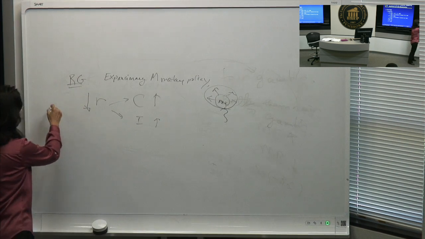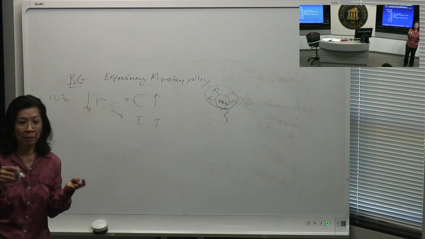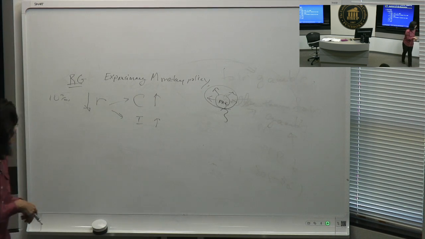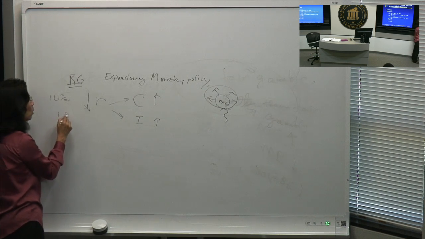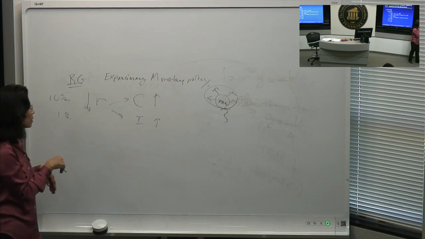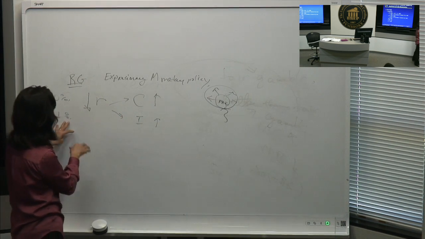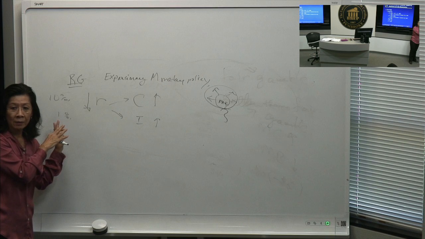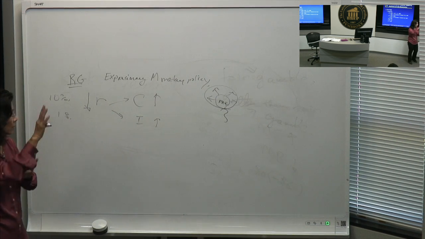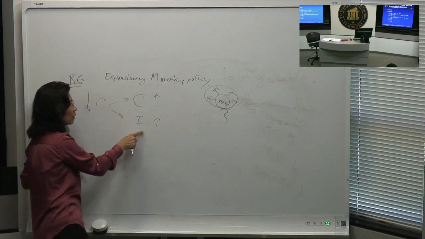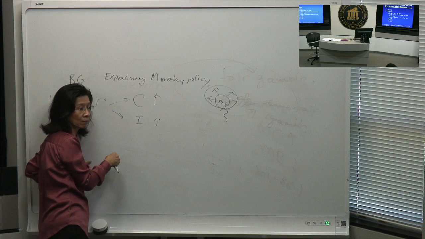So what that means is, let's just say 10% interest rate today when you drive by the bank. And then the next day you come back and you see on the bulletin board it's now 1%. So the interest rate has come down. Then basically people say, let's drive on, don't stop the car at the bank, go to the broker service and invest because you get a better return, and let's consume.